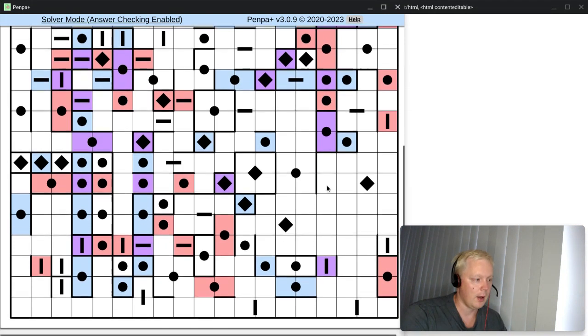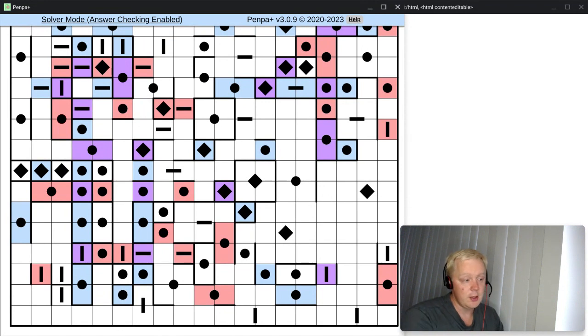Now, how to continue from here? We have to think about what cells are reachable from what symbols. Some of them are easy. For example, we know this cell is only reachable by this dot here, because there are lines here preventing it from being reached by anything else.